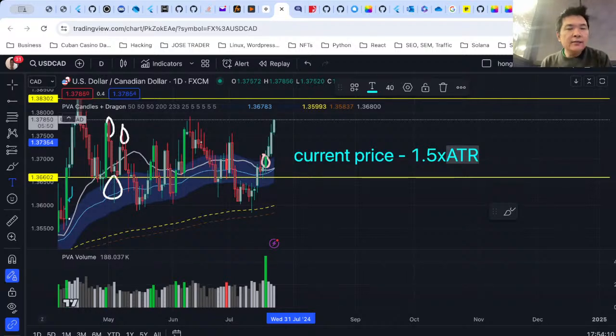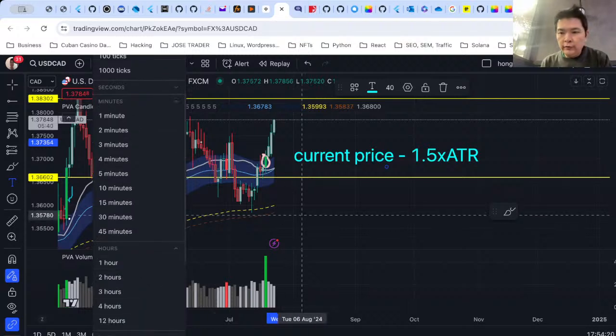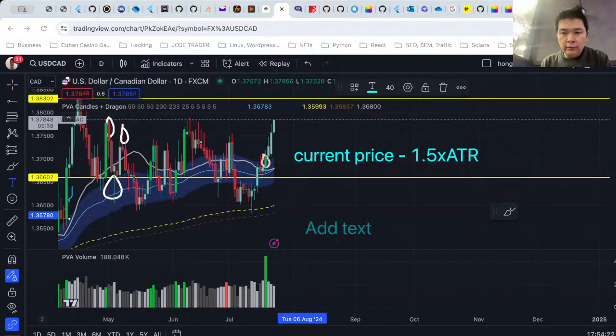Because we are trading on the daily chart, that is going to be the value of the day before you entered your trade.